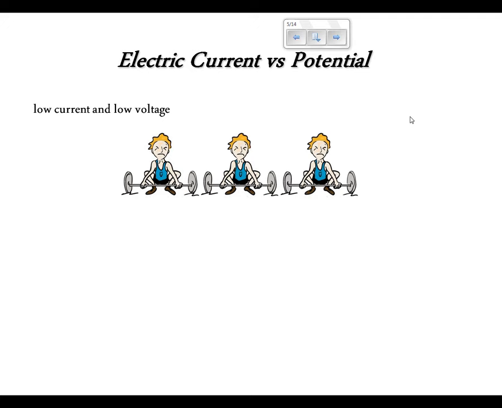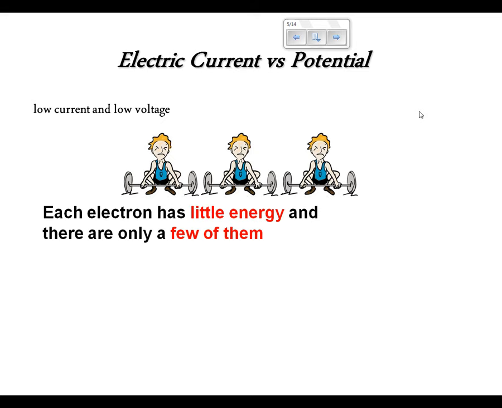Now what do you guys have? You have the picture, right? And then what? Okay, so low current, low voltage. Each electron has a little energy, in red, little energy, and there's only a few of them, right? So that is low current, only a few of them.